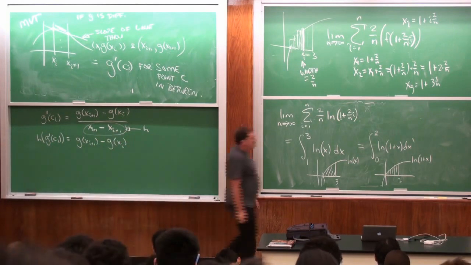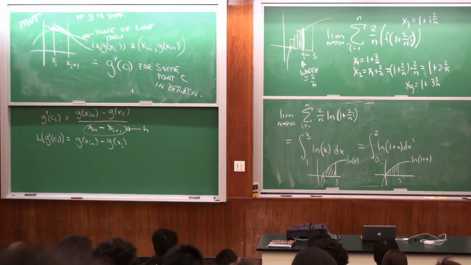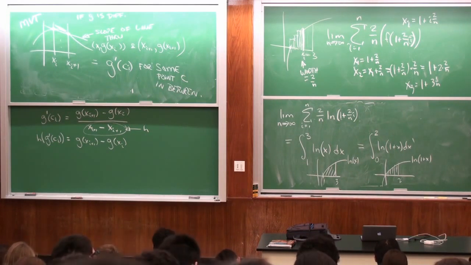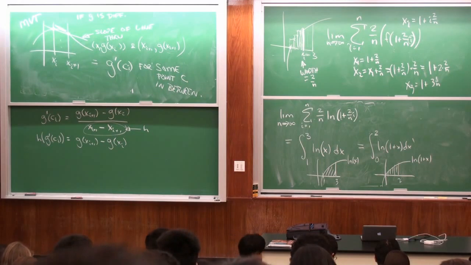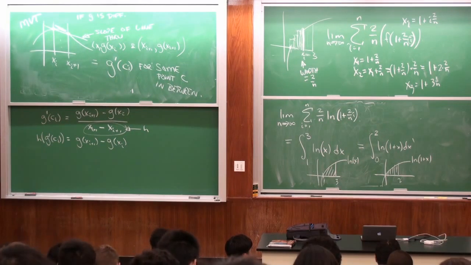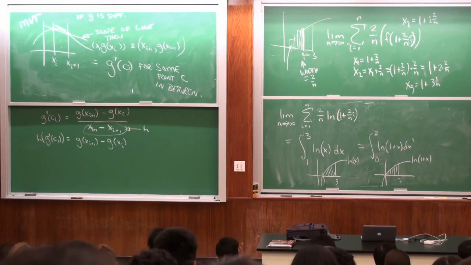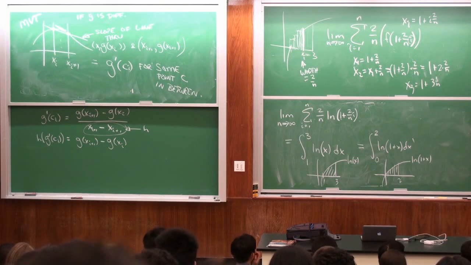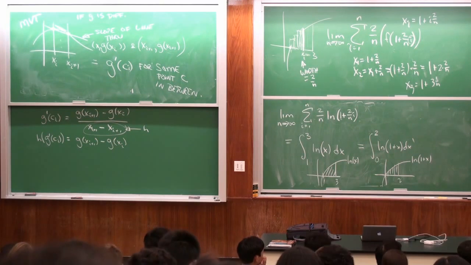Now let's look at this. I've got a whole bunch of things like that. So I have a whole bunch of these differences that I can just replace with derivatives. Right? This guy, since I'm going to take the limit, this guy is g prime of cn times some number h, where h is the distance.